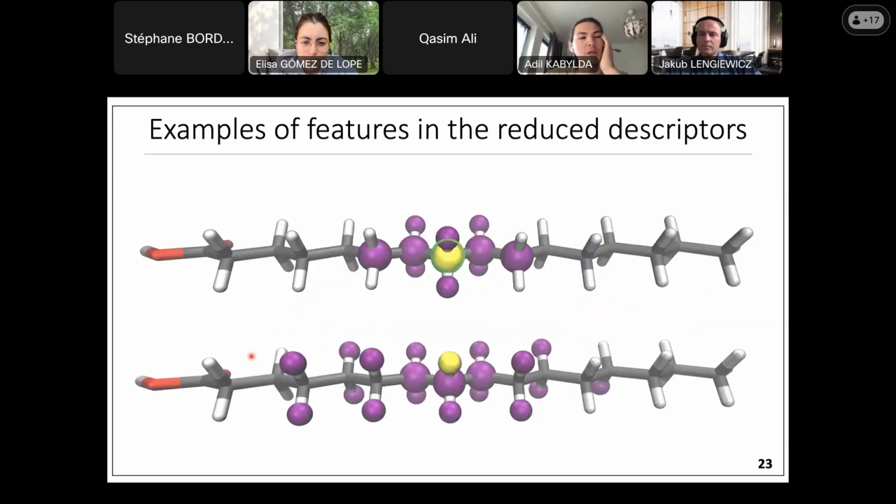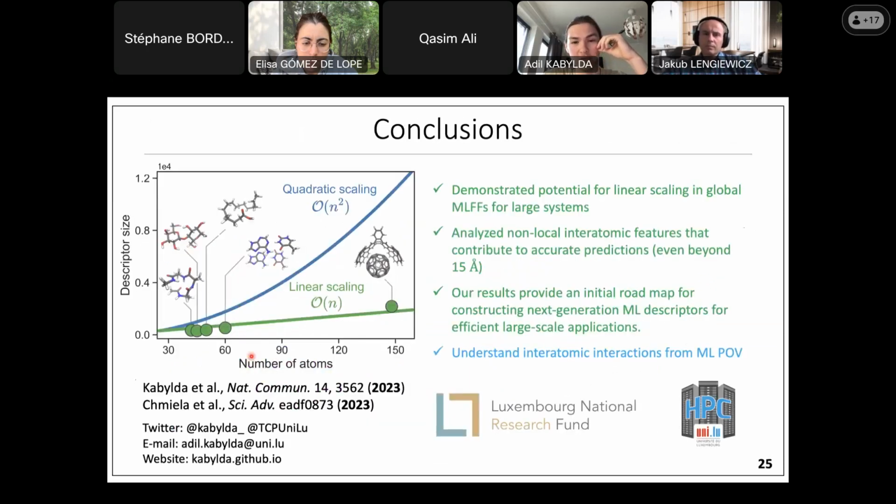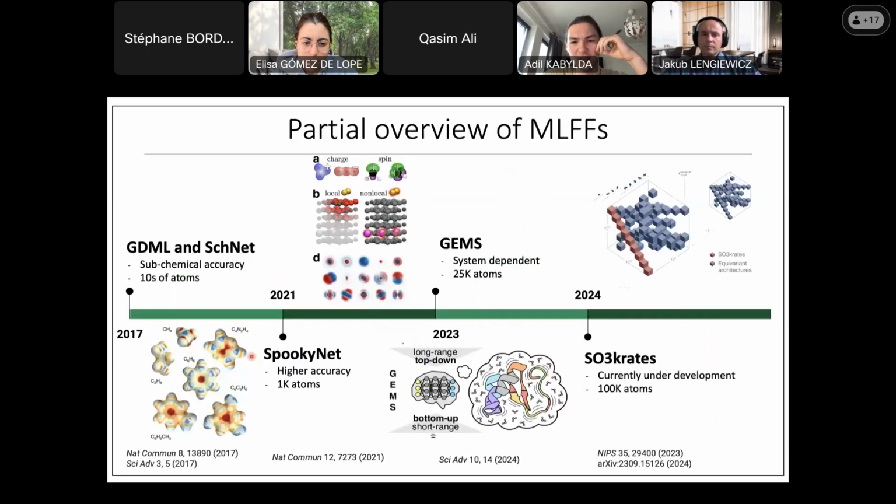Message passing neural networks, graph neural networks, are kind of the next step in a sense. So I prepared this partial overview of machine learning force fields. Initially it was GDML and SchNet, which are kernel-based and neural network-based approaches that could model tens of atoms.